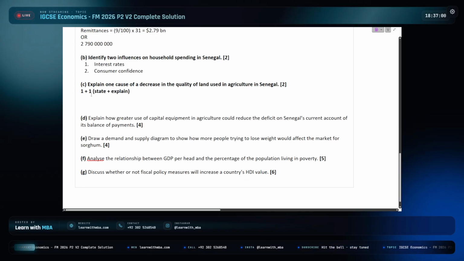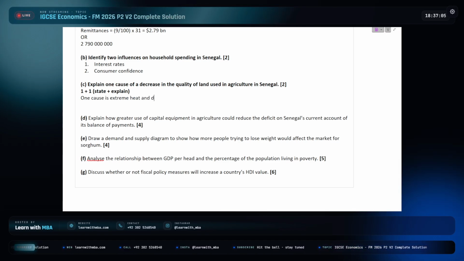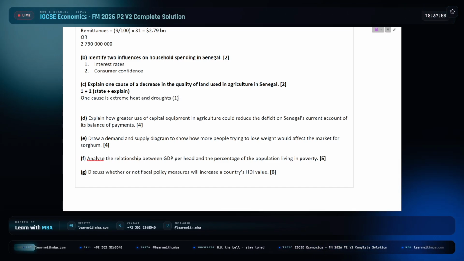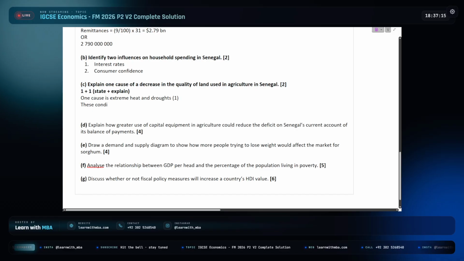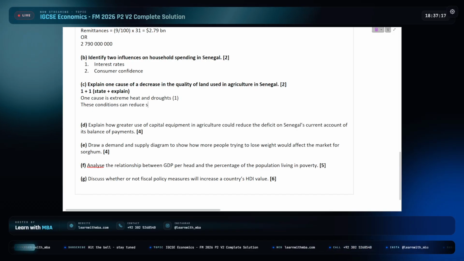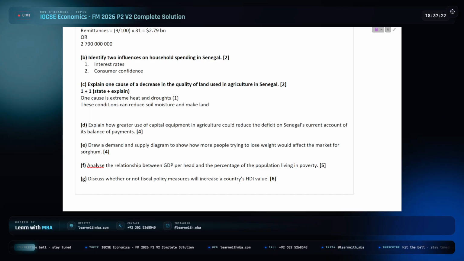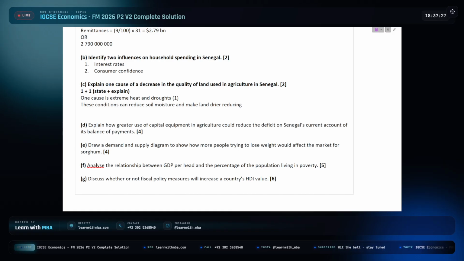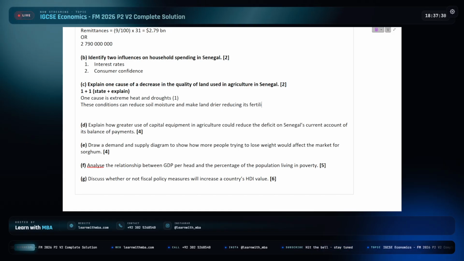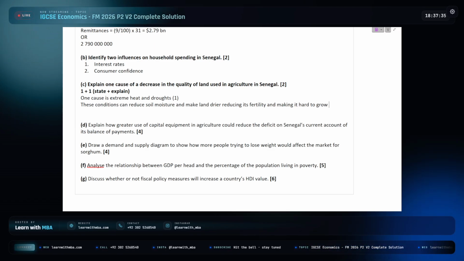So that means you would first identify, you'd say one cause is extreme heat and droughts, which would get you the first mark. And you would explain why this reduces the quality. You can say, okay, these conditions can reduce soil moisture and make land drier, reducing its fertility and making it hard to grow crops.